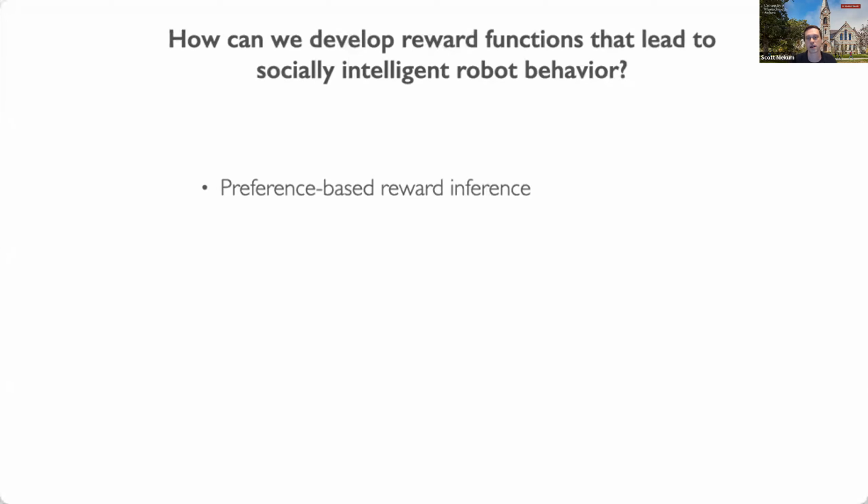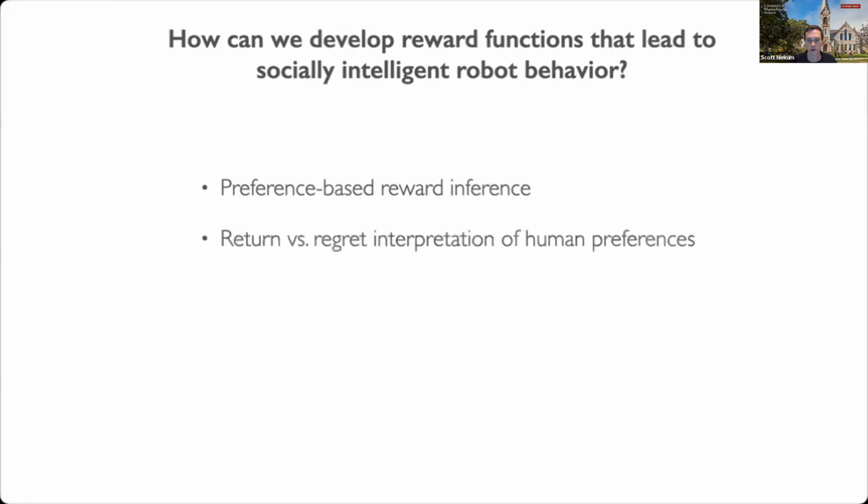But I'm going to talk about how virtually all the preference-based learning methods out there are making a very particular assumption about what human preferences mean. And if we get this wrong about what human preferences mean, we're going to be making wrong inferences, and we're going to be aligning, or misaligning, to the wrong thing.